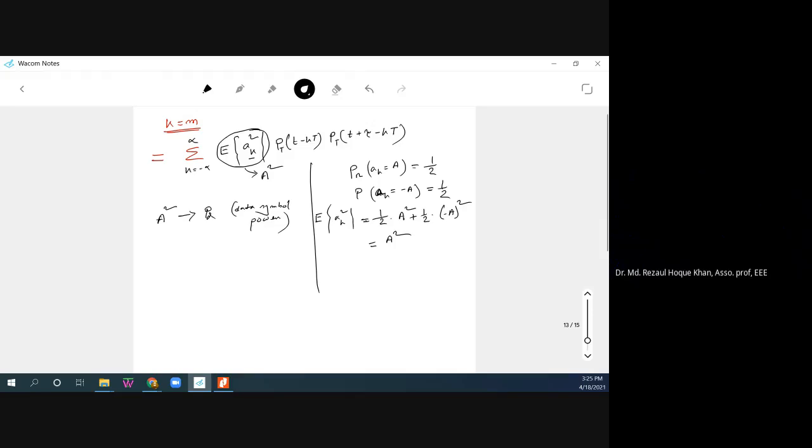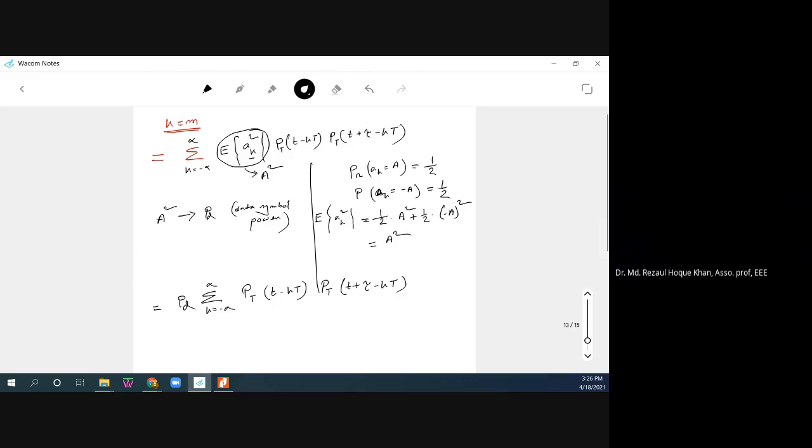So we can rewrite it as PD, and write again the sum over k from minus infinity to plus infinity of p(t minus kT) p(t plus tau minus kT).